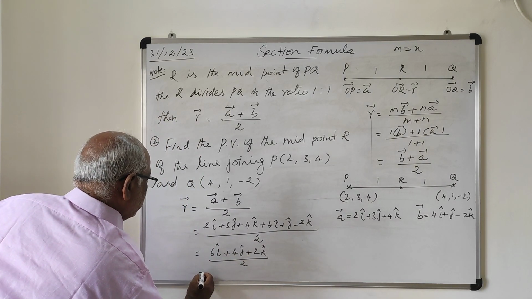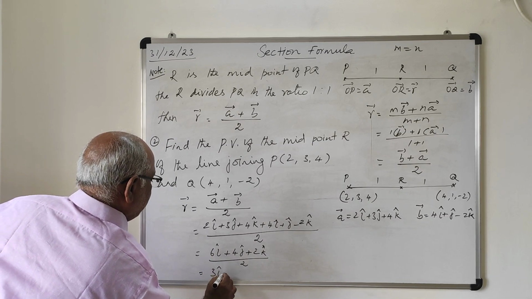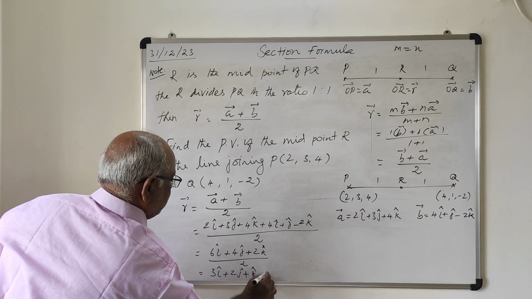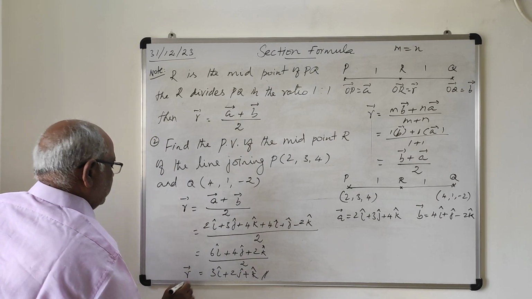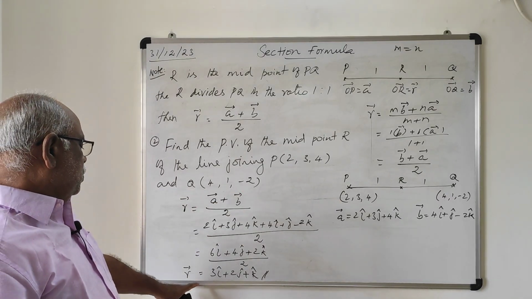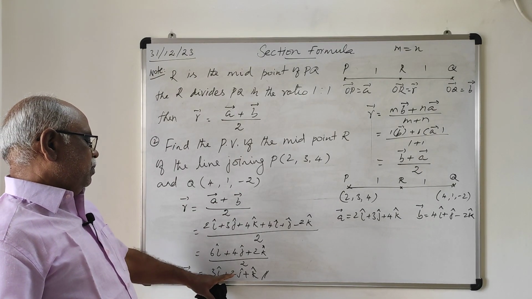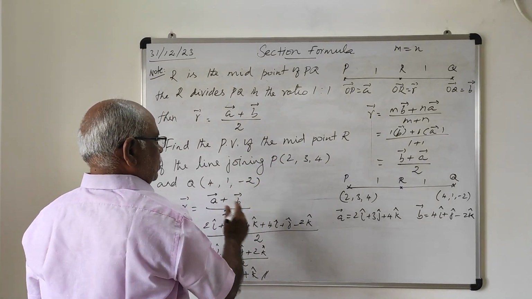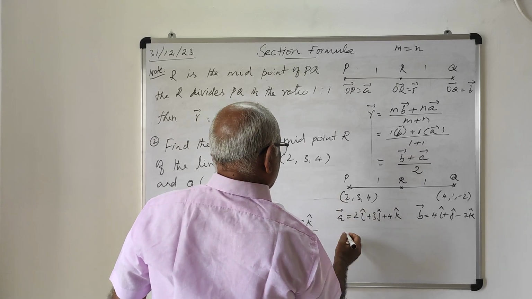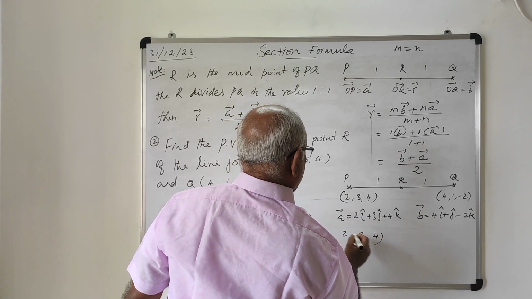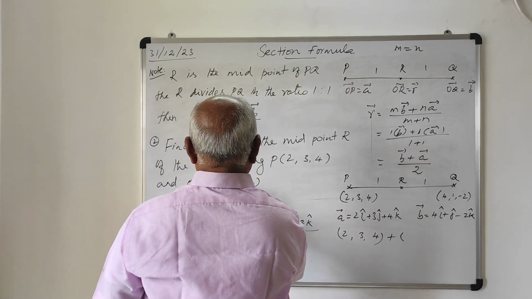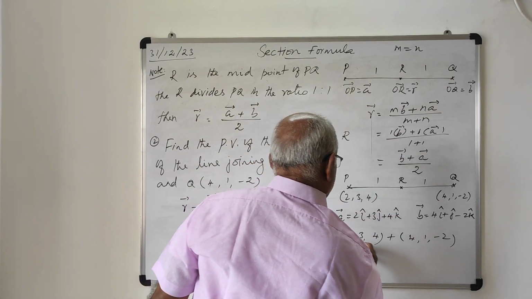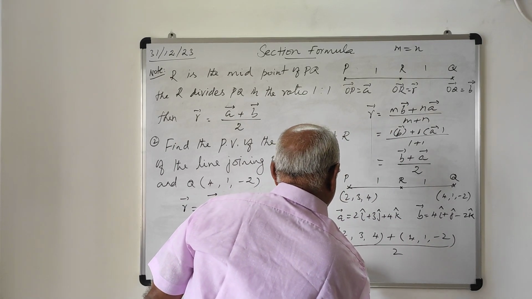If you divide each term by 2 you get 3i plus 2j plus k. So this is the position vector of the midpoint of the line joining the points P and Q. Midpoint R vector is 3i plus 2j plus k.